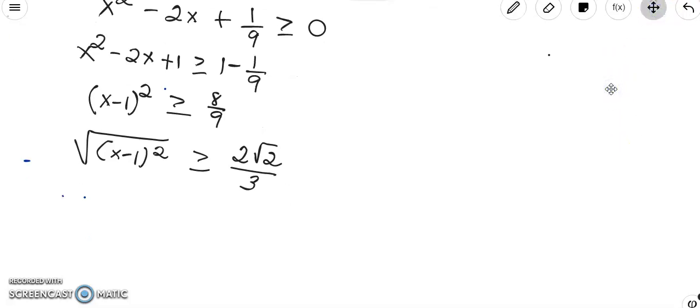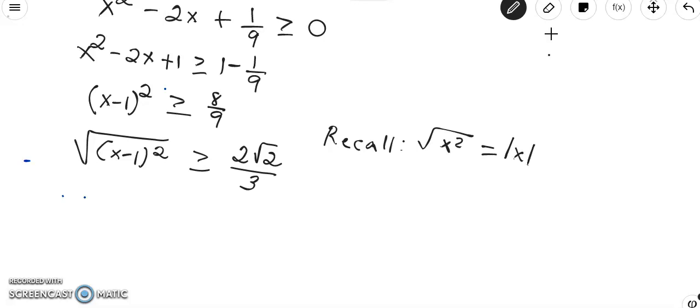So, itong square root of x minus 1 is square. Recall that square root of x square is equal to absolute value of x. So, magiging absolute value of x minus 1 is greater than or equal to 2 square root of 2 over 3.